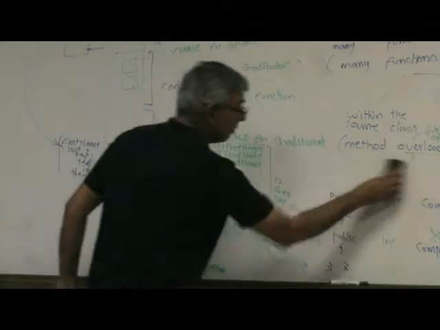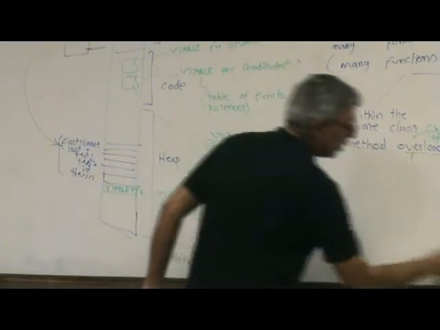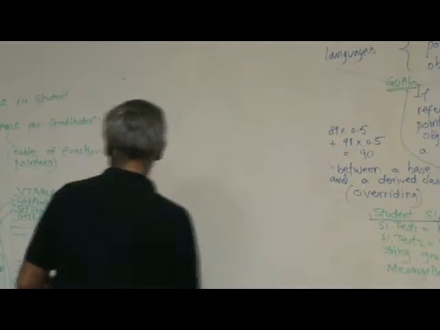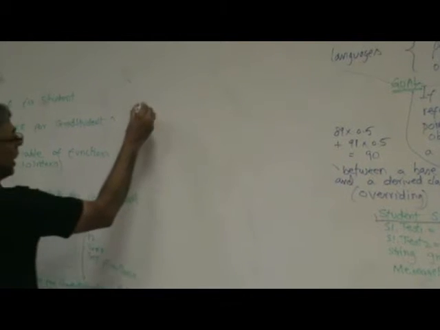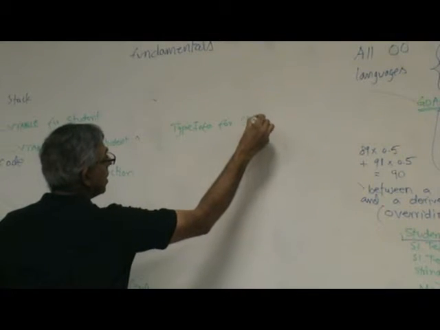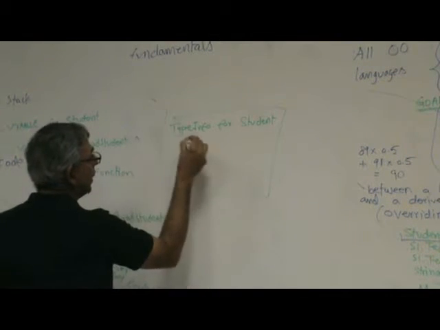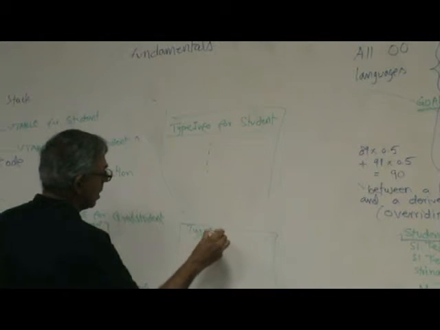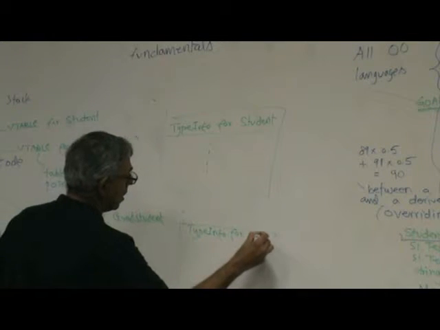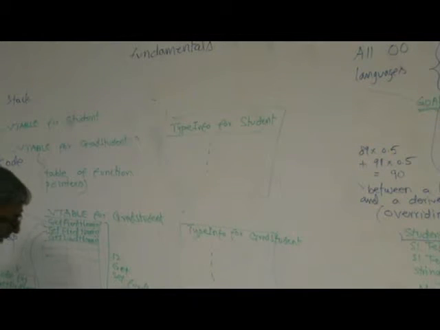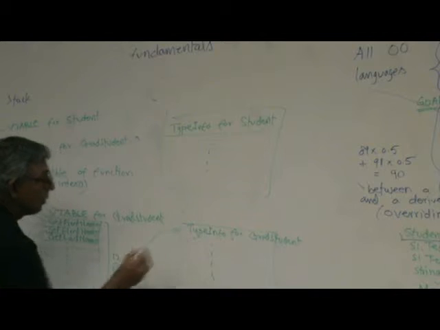So again, in the code area, there will be type info for student, with a lot of information. There will be type info for grad student, and again with a lot of information. So this one over here will be pointing to over here.